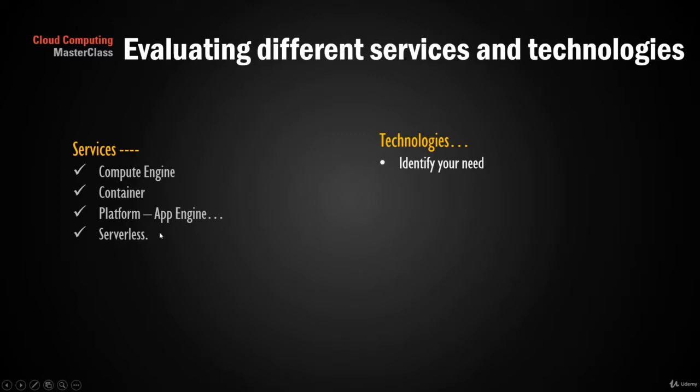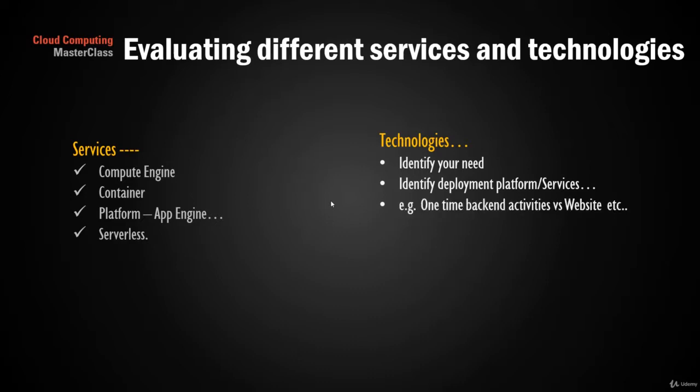As an example, if you need to use a serverless environment, or you need to use the App Engine standard environment, you are very limited in what programming language you can choose for your application. Identify the deployment platform, and based on that you can choose the services.